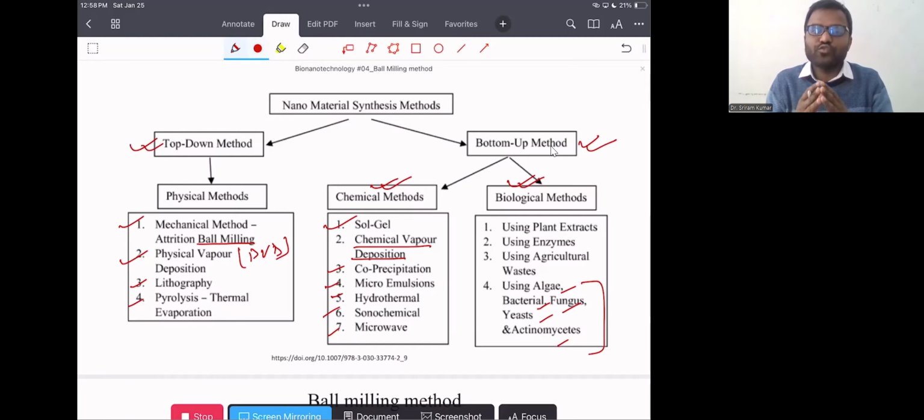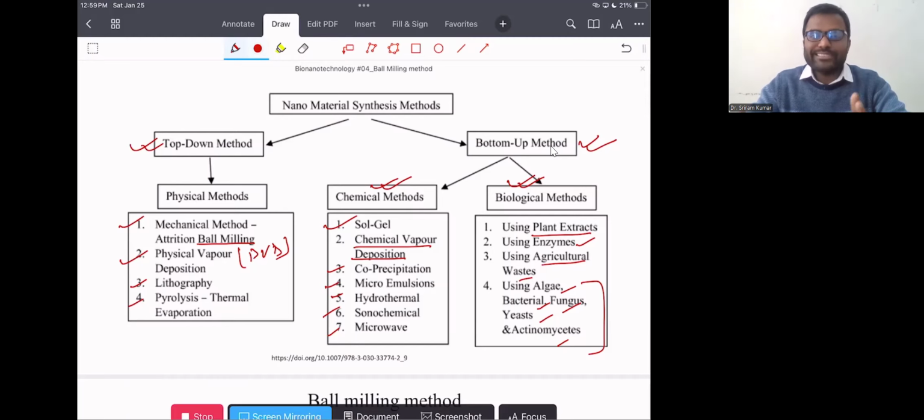So here we use the biological sample as a template and grow nanomaterials. Either we can use enzymes, plant extracts, or agricultural waste, and using these we can develop nanomaterials.